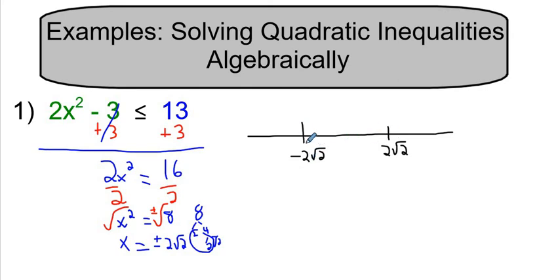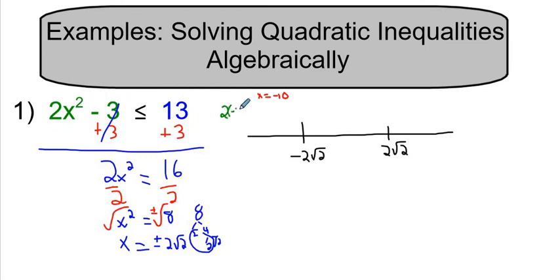So the question is, where is it less than? That's what we're trying to examine. I can pick anything I want that's smaller than negative 2 root 2. Let's pick a nice number, like x equals negative 10. That's super easy to work with. We put that number into the inequality and see what happens.